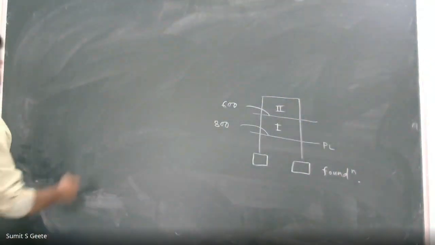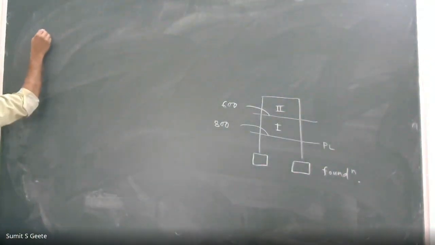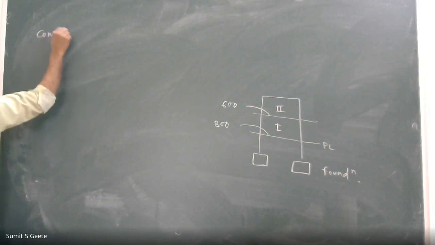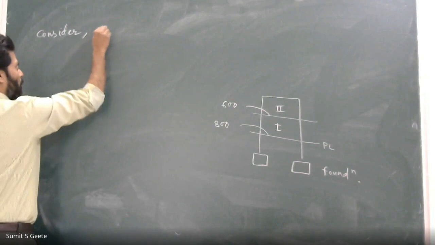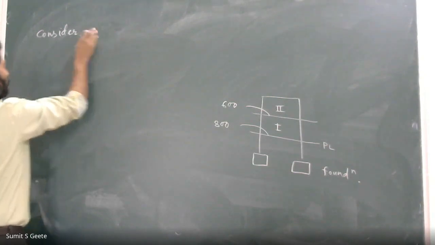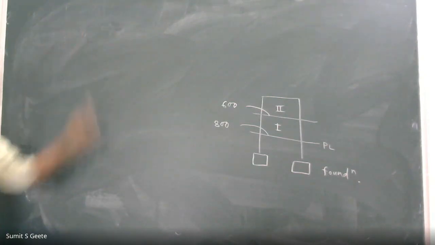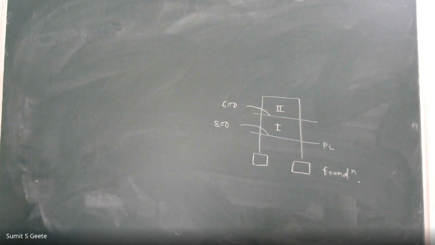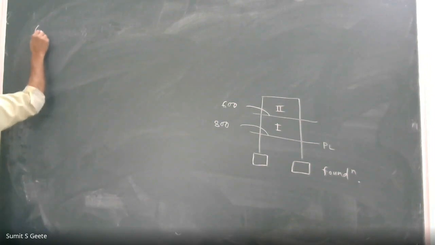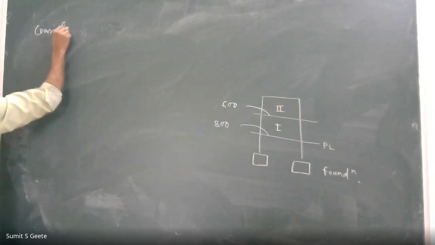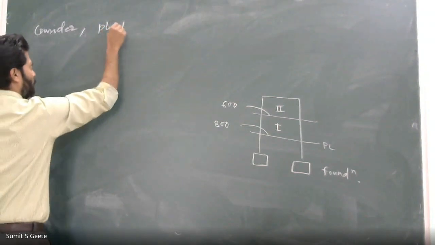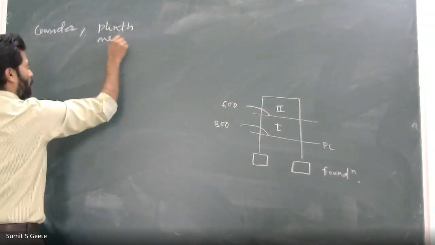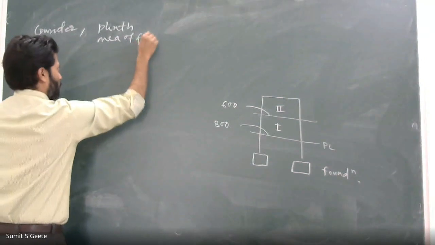So the first thing is to consider, for the first floor and ground floor, the plinth area of a floor.